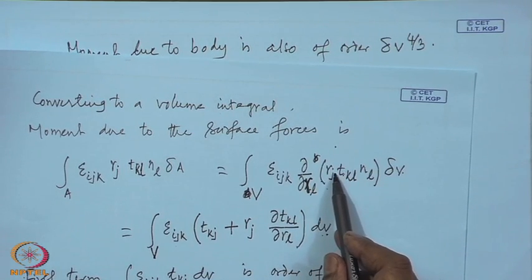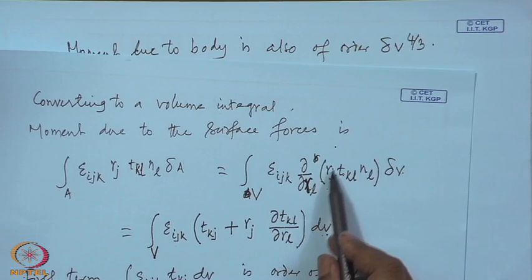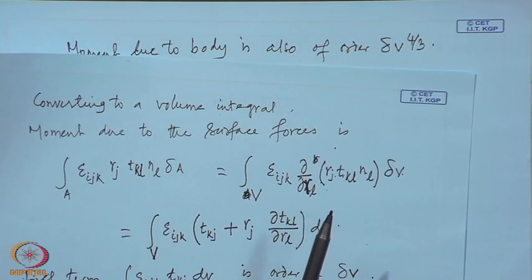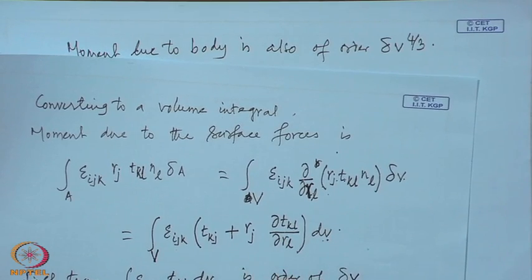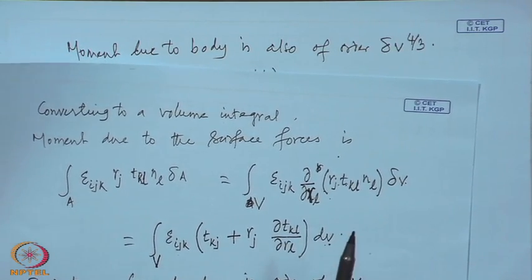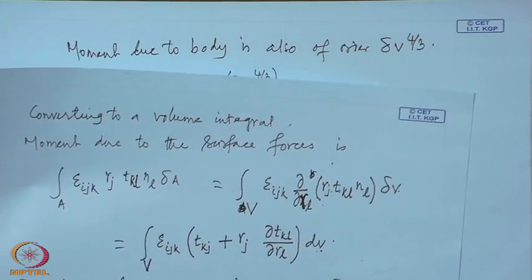See, this difference is because of the result of d r j by d r l. You can check what that derivative will be, d r j by d x l, thinking of r1, r2, r3 and r l also r1, r2, r3. So, the derivative will be non-zero when j and l are the same, otherwise not, and in that way l will become j.